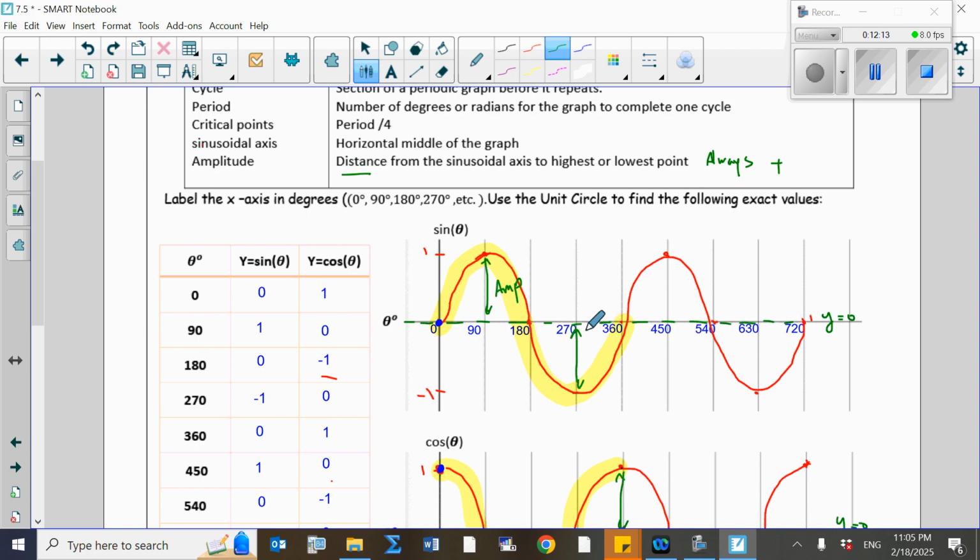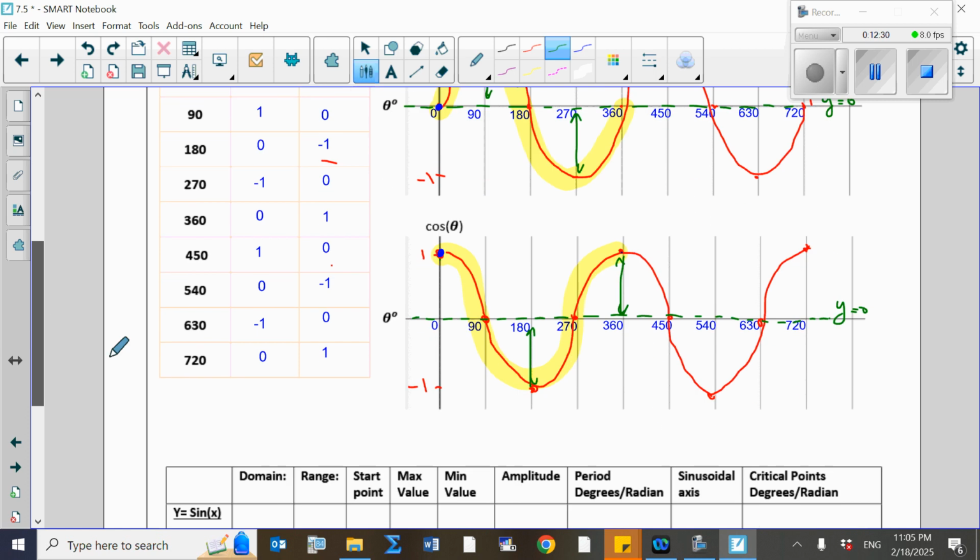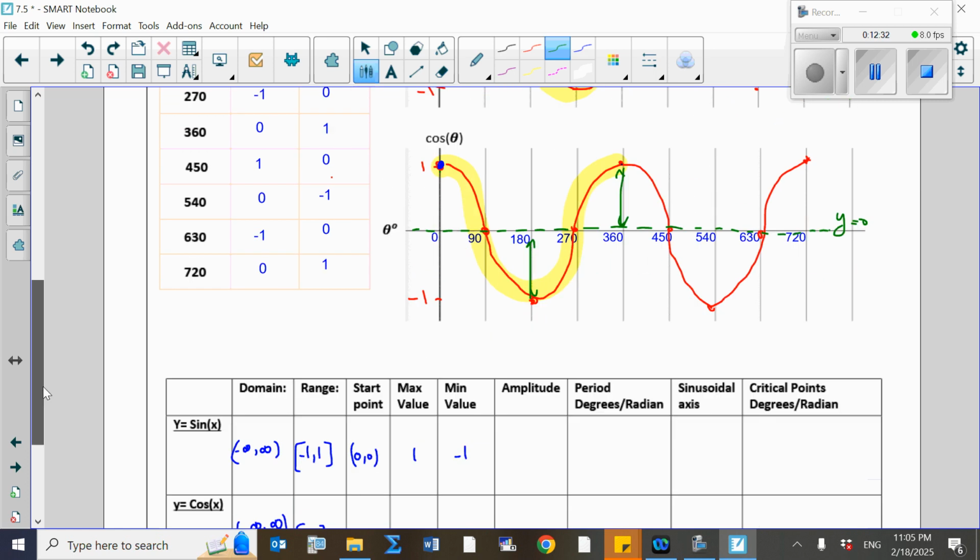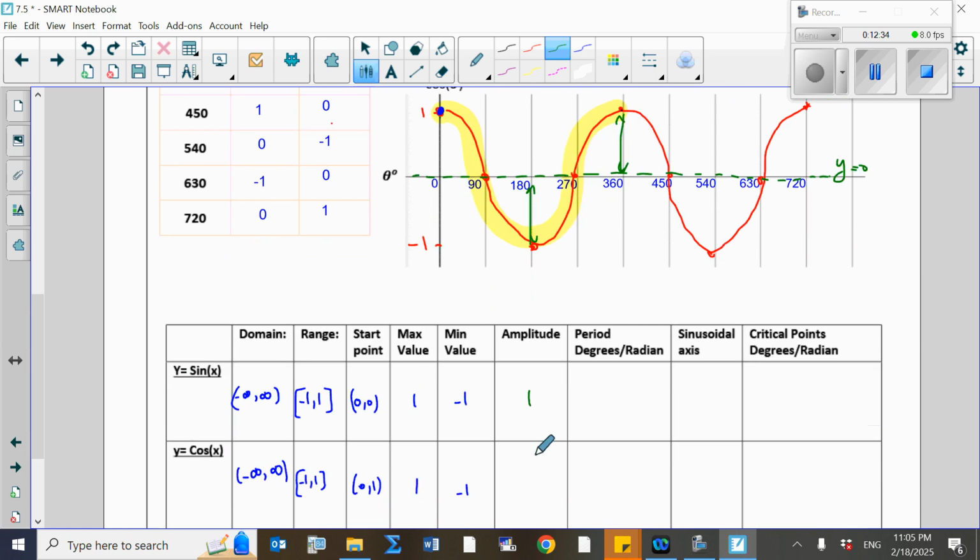Even if you look at this value, which is below the x-axis, it's always positive because it's just a distance between them. And for the parent function, amplitude is 1. The distance between highest and the sinusoidal axis is 1 for both functions. This is also 1. So the amplitude is 1.